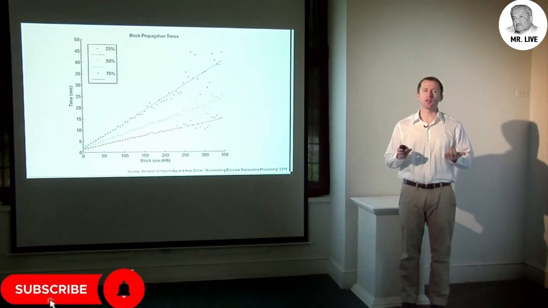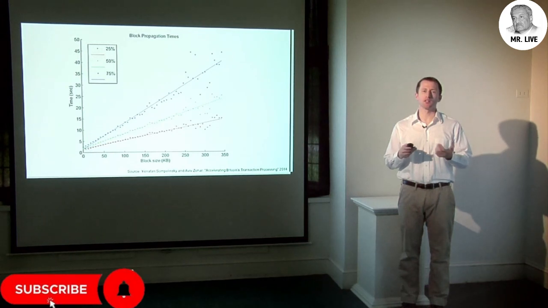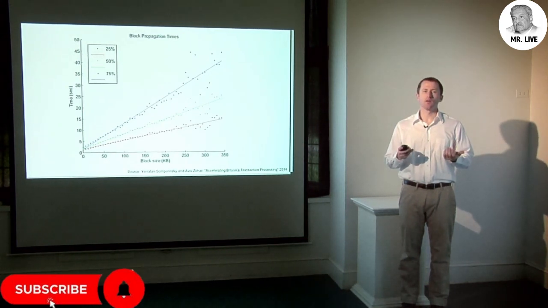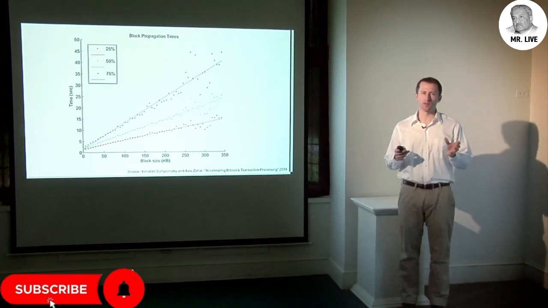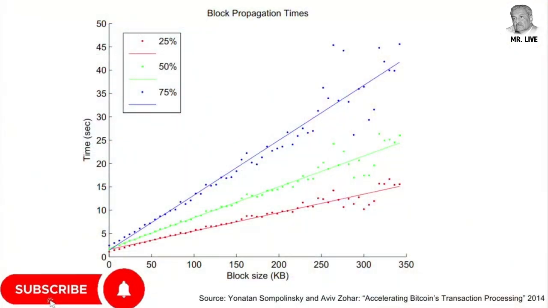So how long does this flooding algorithm actually take? How much latency is imposed here? This is a graph showing the average time for new blocks to propagate to every node in the network. And the three lines show the 25th, the 50th, and the 75th percentile of how long it takes for a new block to reach every node in the network.